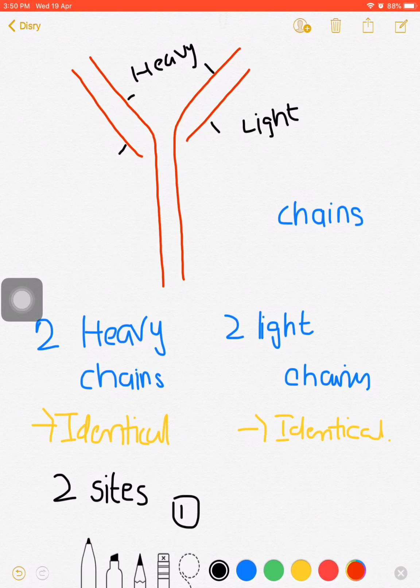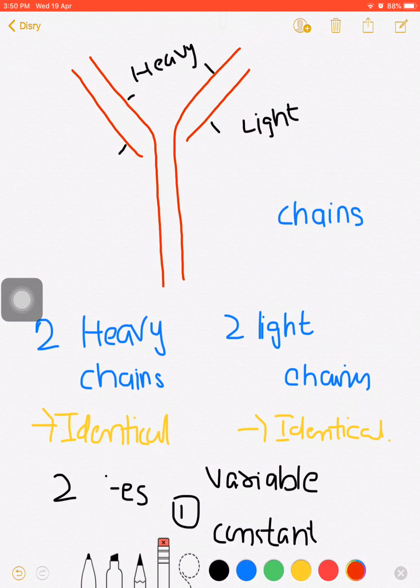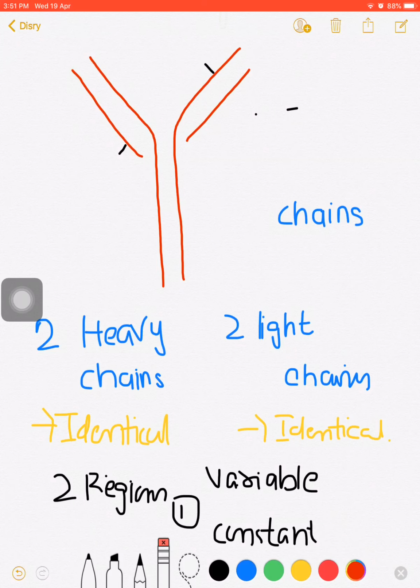One is known as the binding site. First is the variable region, and second is the constant region. There are two regions: first is the variable region and the second is the constant region. Let me show you which is which.